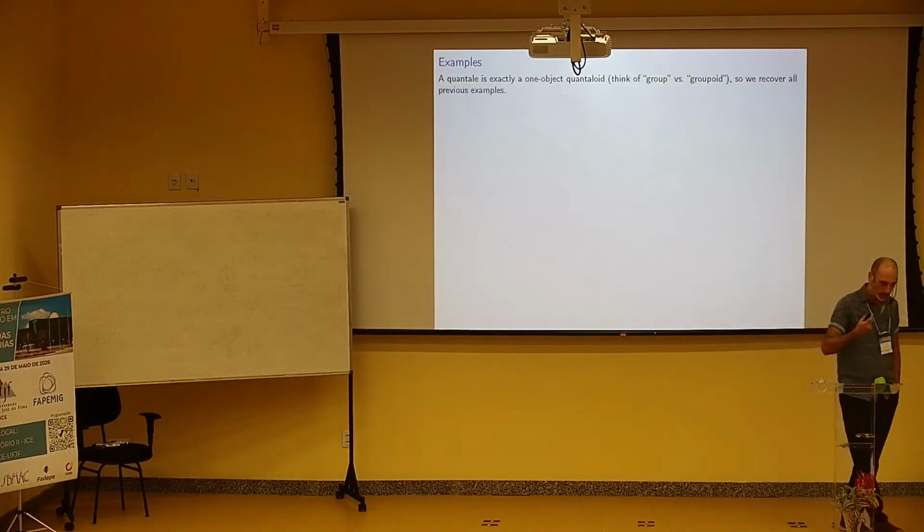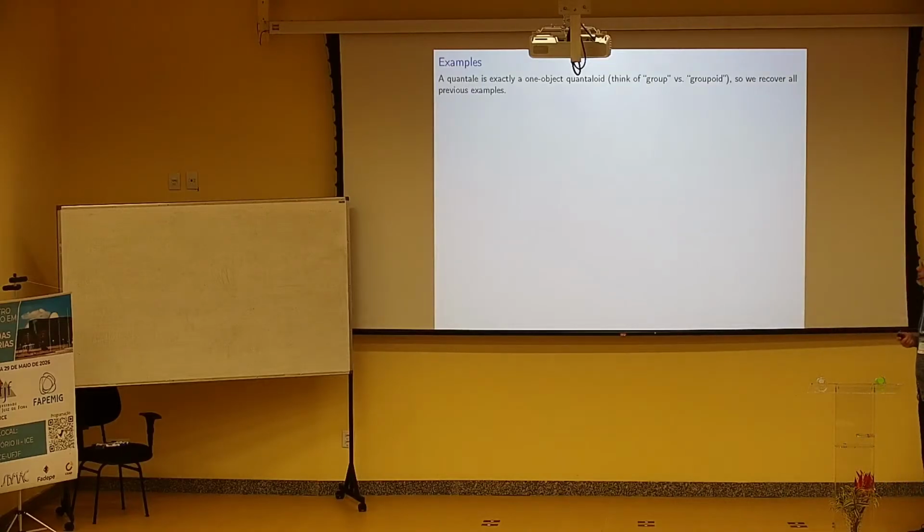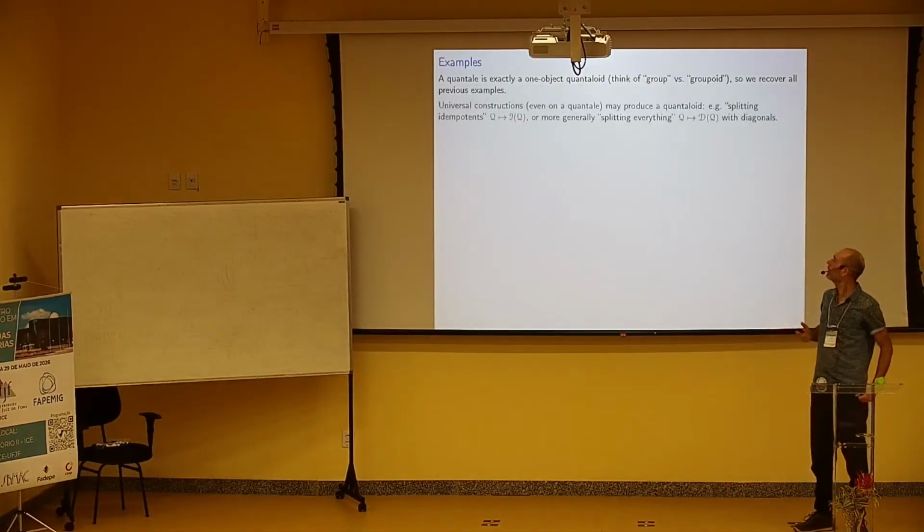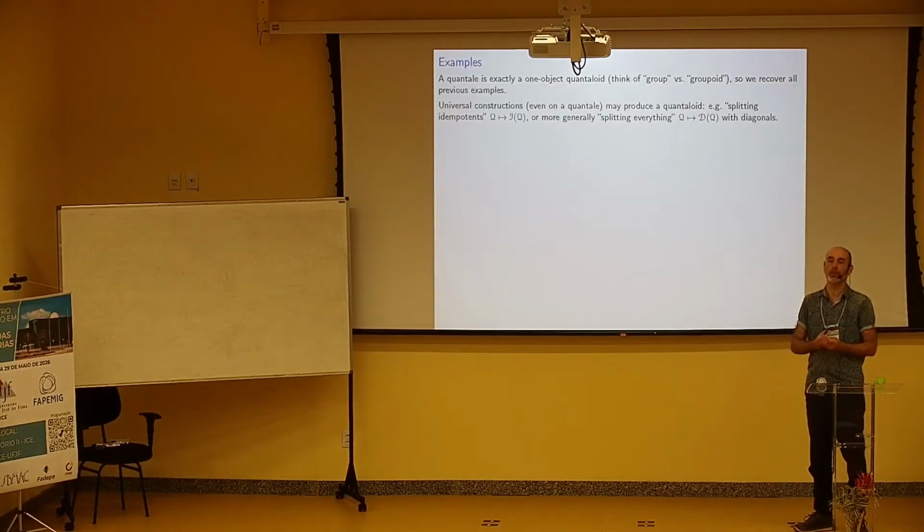Why is this important to me, at least? Well, a quantale is exactly a one-object quantaloid, and so we recover all previous examples, but we get a lot more examples because universal constructions on monoids very often produce categories, right?